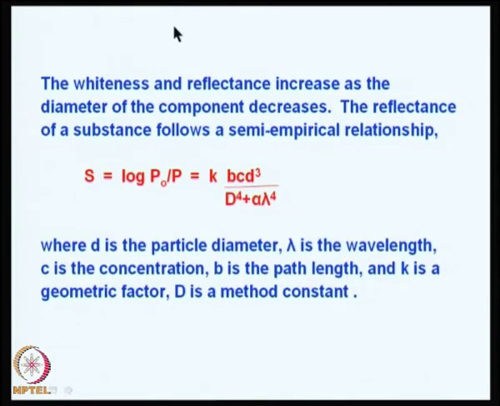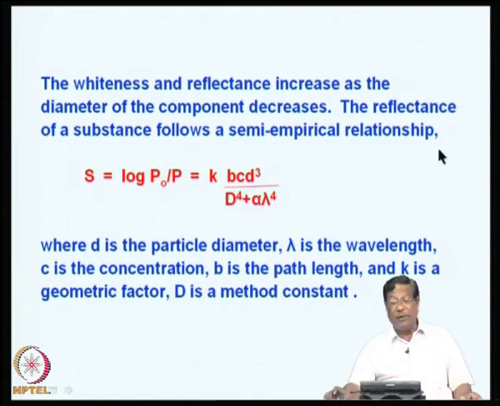And the whiteness and reflectance increase as the diameter of the component decreases. That means, the smaller the particle, the better is the reflectance. So, the reflectance of a substance again follows a semi empirical relationship, that is S is equal to log of P naught by P, that is incident radiation and the reflected radiation.